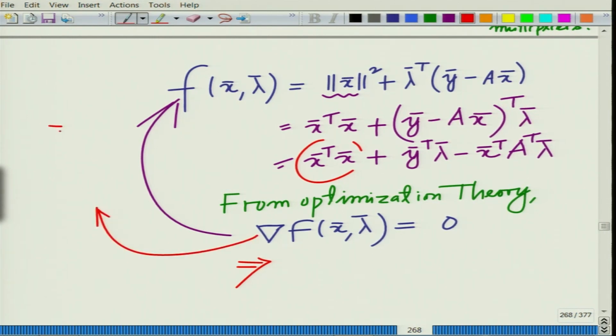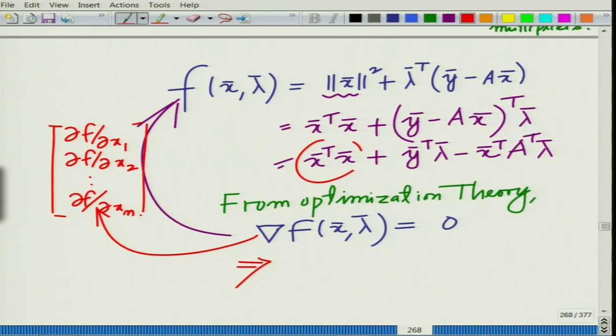You might recall the gradient is nothing but the vector of partial derivatives. Take the derivative of f with respect to each component of x. So, for x bar transpose x bar, the derivative is twice x bar, plus y bar transpose lambda bar, derivative with respect to x bar is 0, minus x bar transpose A transpose lambda bar, derivative with respect to x bar is A transpose lambda bar, equal to 0.